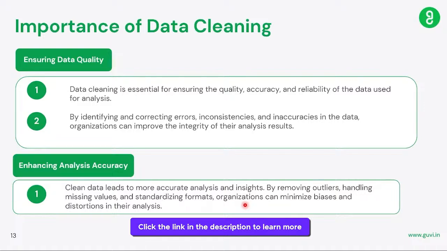Let's take, for example, what happens if there is an outlier or extreme values in the data. These outliers or extreme values can skew the analysis results and can lead to misleading conclusions. So by identifying and removing outliers through data cleaning, organizations can ensure that their analysis reflects the underlying patterns and trends in the data more effectively.